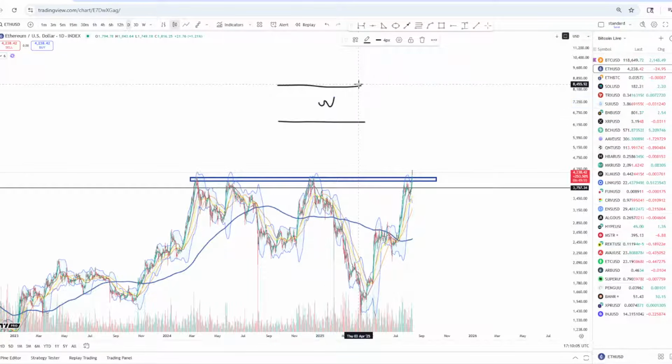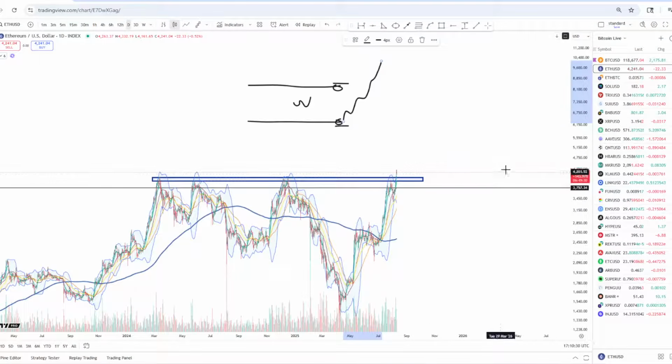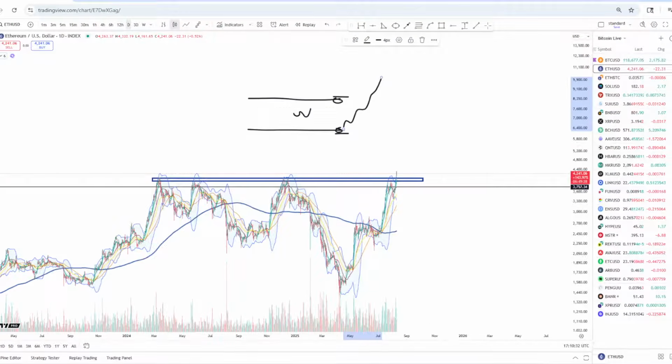But taking a short at the top of the range, or a long at the bottom of the range, are both asymmetric because you have limited downside for being wrong. If you're taking a long here and you're wrong, you have a close by stop loss, but you have potential to continue much higher. This is likely much more than a 3-to-1 or even 4-to-1 ratio. So you want to have price interaction with the key level to begin with.